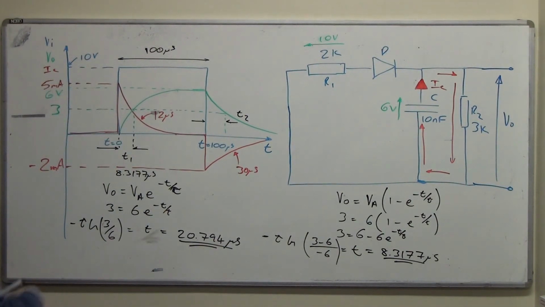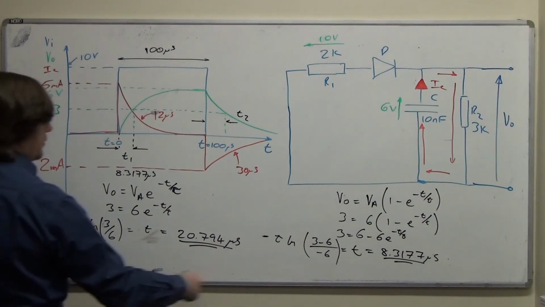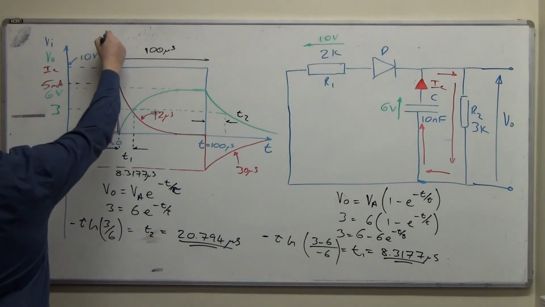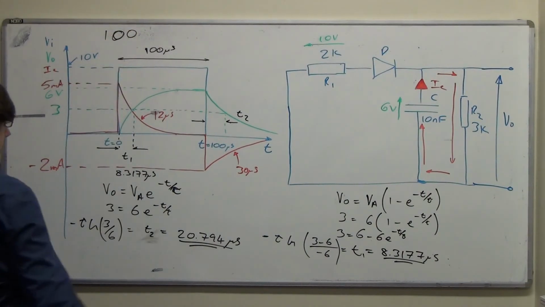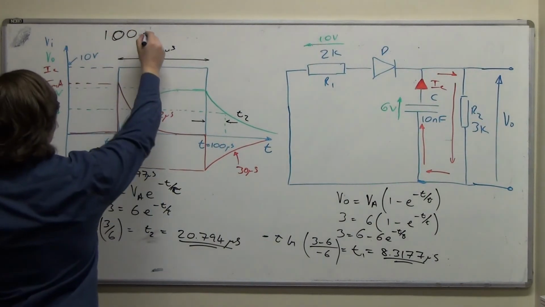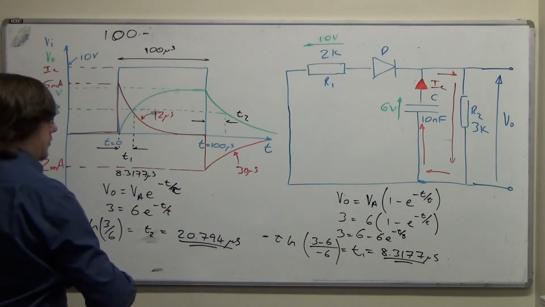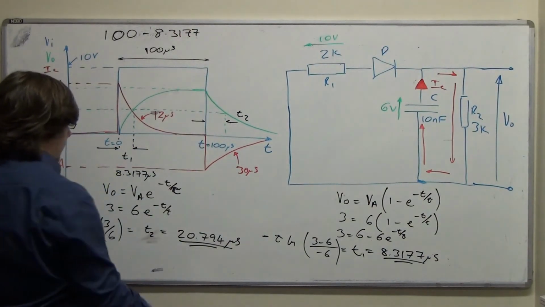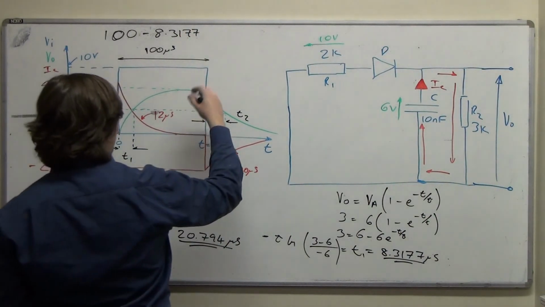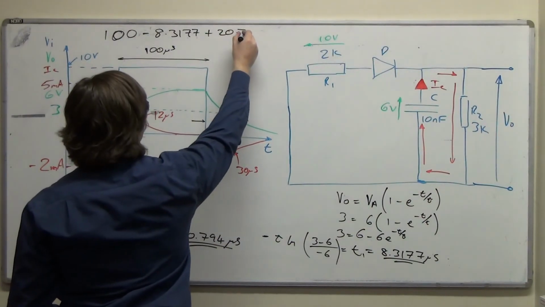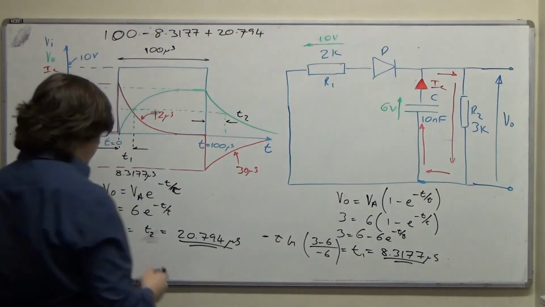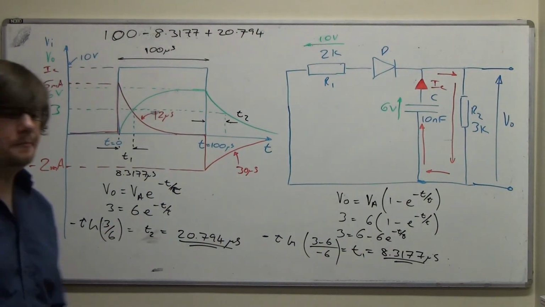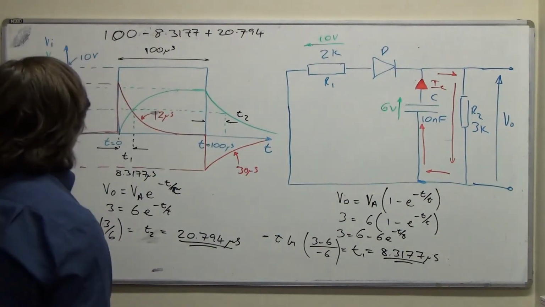Alright, so now we can do our usual thing, where this is T1 by the way, and this is T2. So we'll do 100 minus T1, which is 8.3177, plus 20.794. I'd be really worried if this was smaller than that, because this one's got the longer time constant, and obviously it doesn't make sense otherwise.